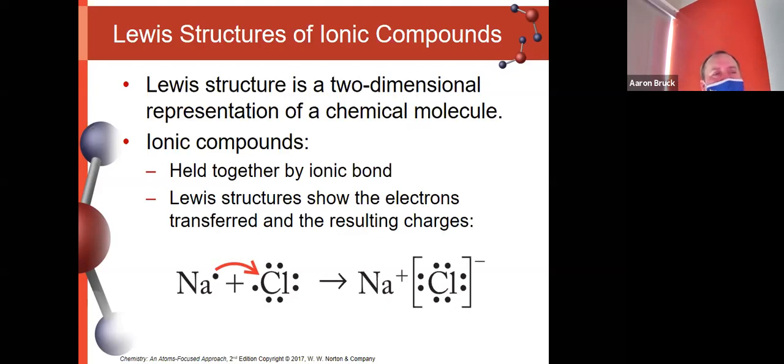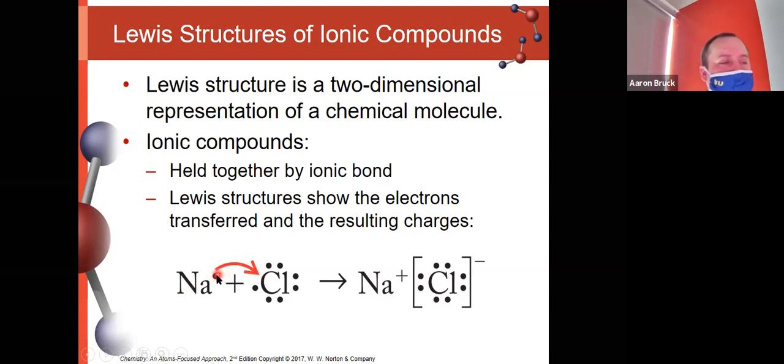Now for ionic compounds, this is usually rather simple. All that we show in a Lewis structure is how those electrons move from one point to another. So in the case of sodium chloride, we see that this valence electron in the sodium moves to the valence shell of the chloride.